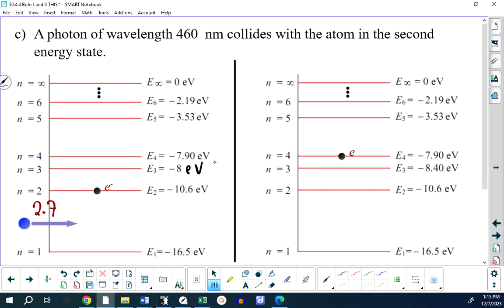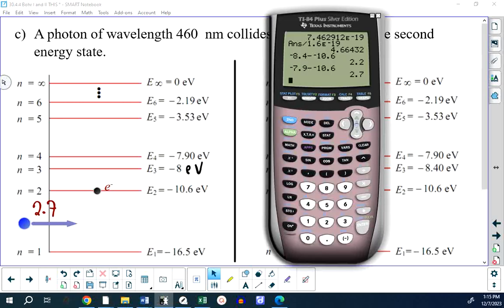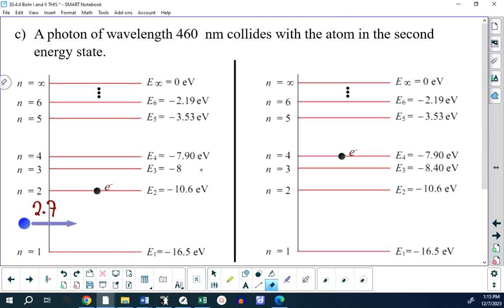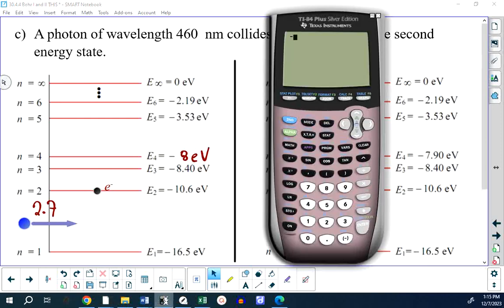Okay. So if we take negative 8.4 and subtract negative 10.6, we get 2.2. I'm going to ask the question I asked earlier.